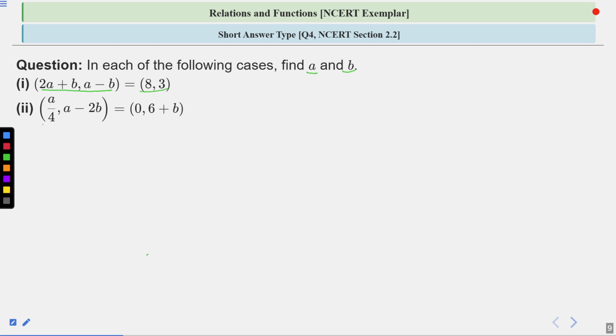And in the second, we are given that the ordered pair (A by 4, A minus 2B) is the same as (0, 6 plus B). You will have some seconds to try this problem, then afterwards we will move on to the solution slide. So your time starts now.